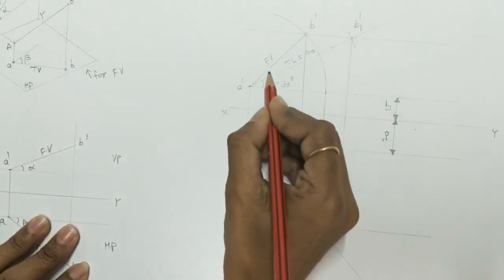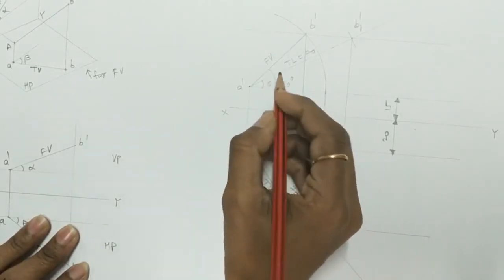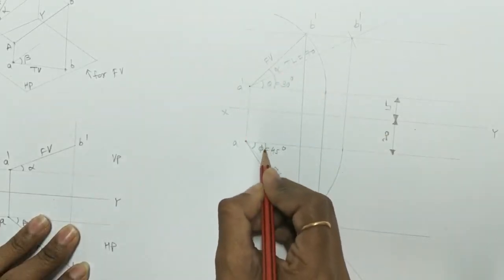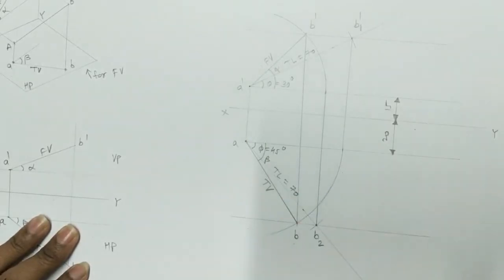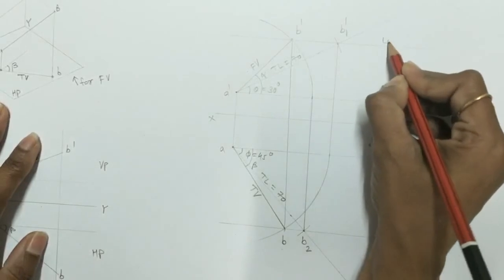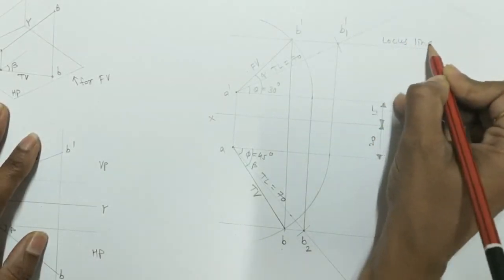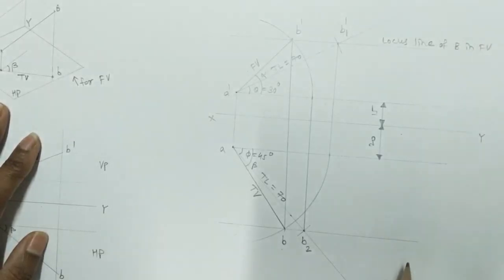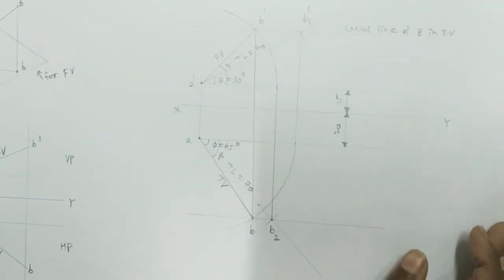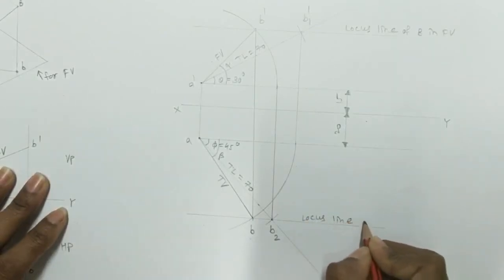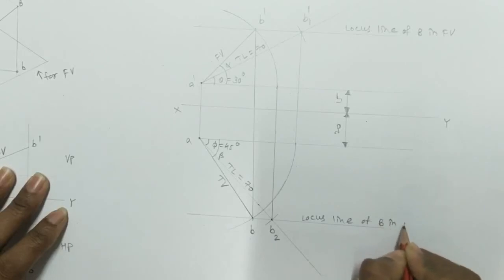Now measure this angle alpha for the front view and measure this angle beta for the top view. Give the name to this line as the locus line of point B in the front view, and give the name to this line as the locus line of point B in the top view.